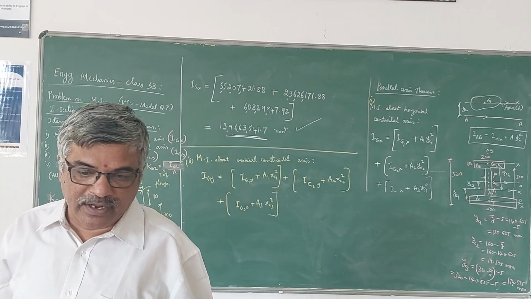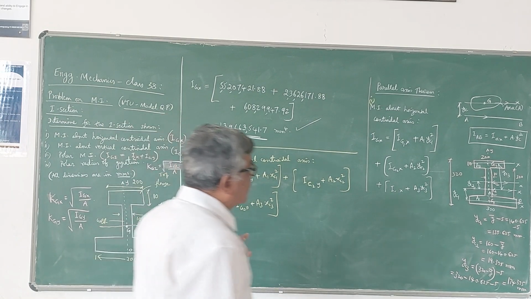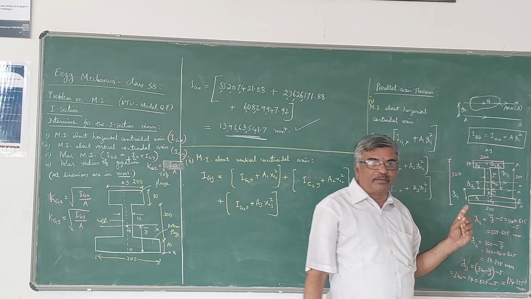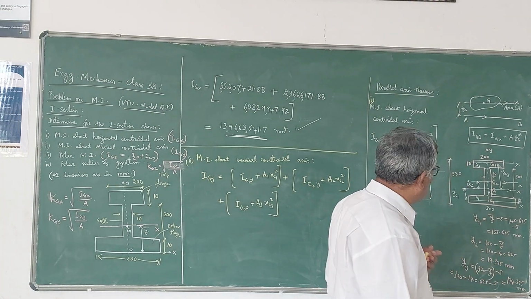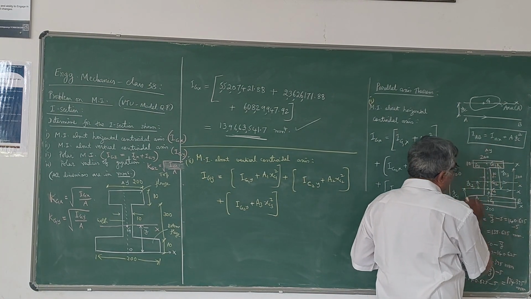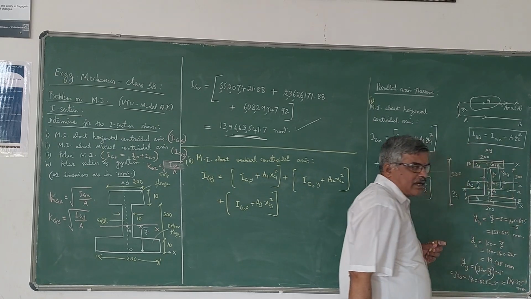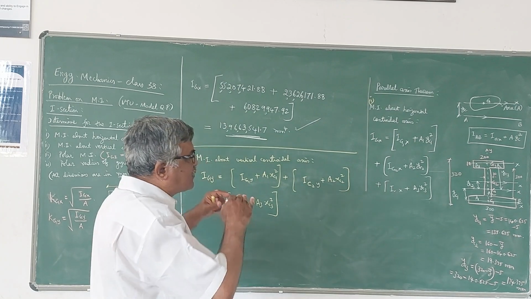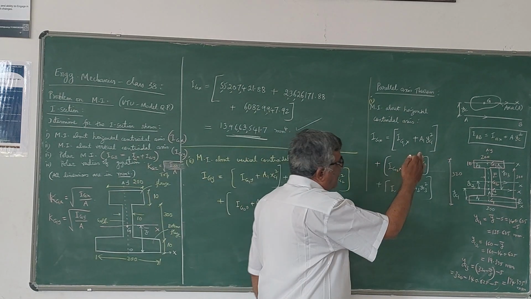So that is important. If you observe in the figure, since the given section is symmetrical about y-axis, all these centroids are lying on y-axis itself. The horizontal distances between G1, G2, G3 and G are all zeros because they are all lying on y-axis.